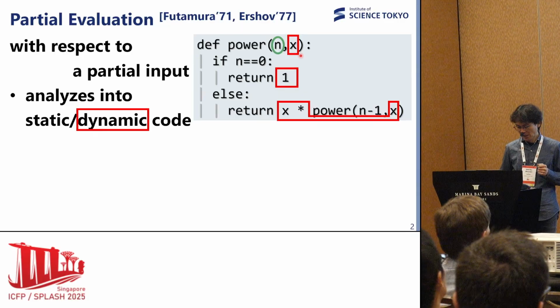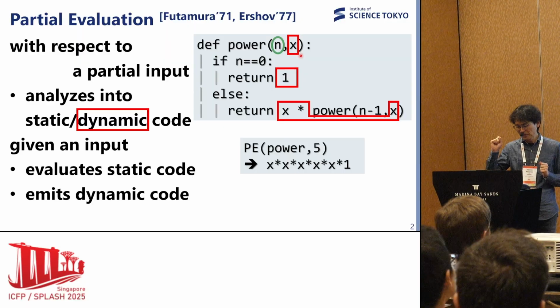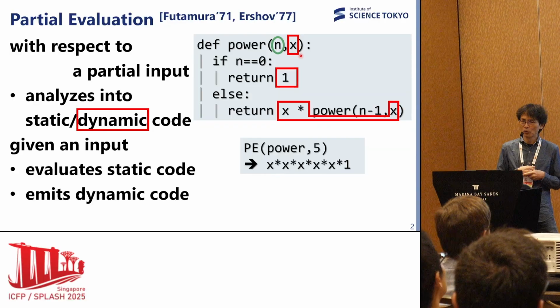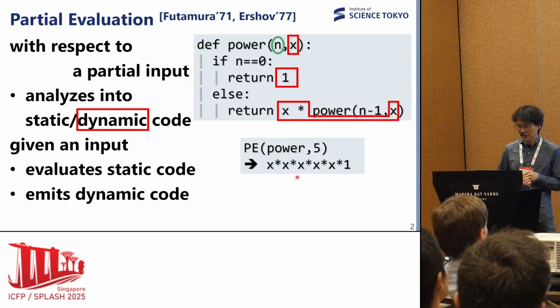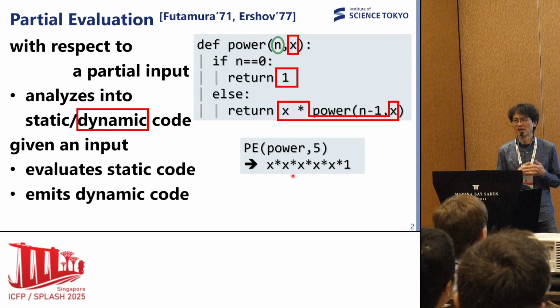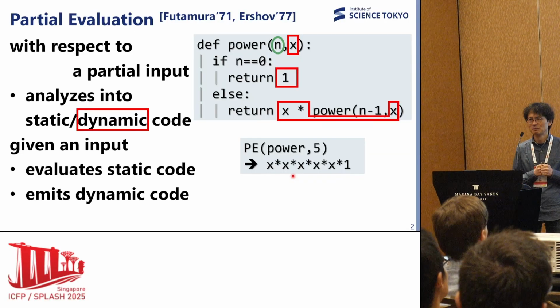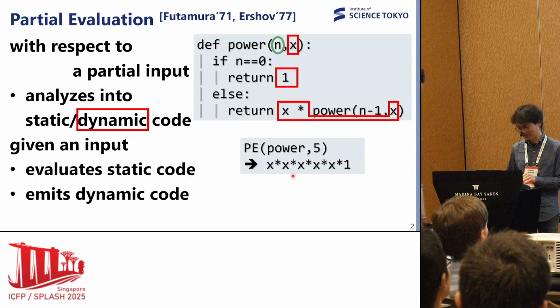Then given a static input, which means n, for example 5, we execute the program for only the static part of the code, and emit the dynamic part of the code, and then we will get this kind of result: x times x times x times x times x times 1. This is partial evaluation. You understand everything? All clear. Okay.